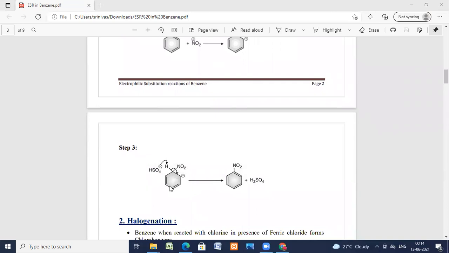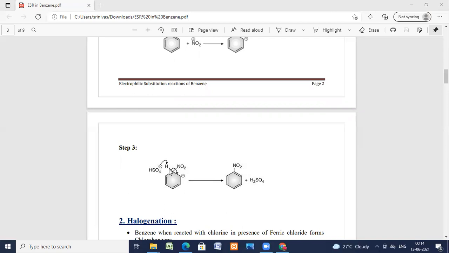The step 3. We can see here the final step 3. In step 3, as I've told you, the positive charge just shifted to all the carbon atoms, and at one place you get the carbonium ion. With this, H plus gives out the electron to this carbon and it leaves as the H plus ion.